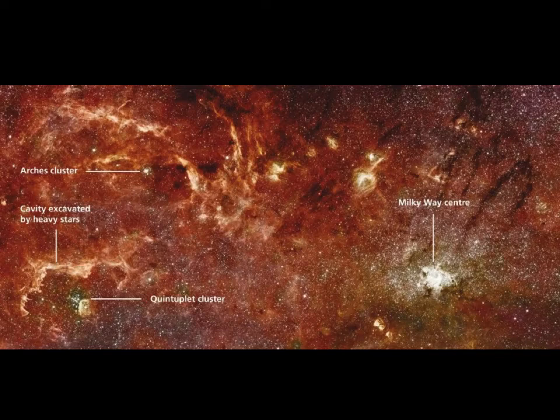The existence of these disks in the presence of the UV radiation field, their massive neighbors, is surprising, because astronomers have been wondering, based on our model of solar system formation, shouldn't all these large hot stars be blowing away all this gas and dust? It shouldn't be there as long as it is under the conditions. And some of these stars are considered to be 100 times more massive than our sun.